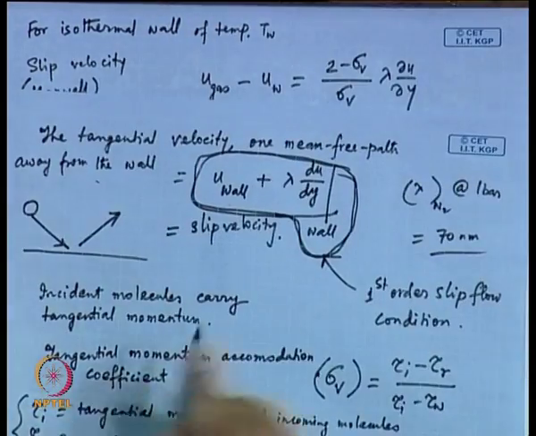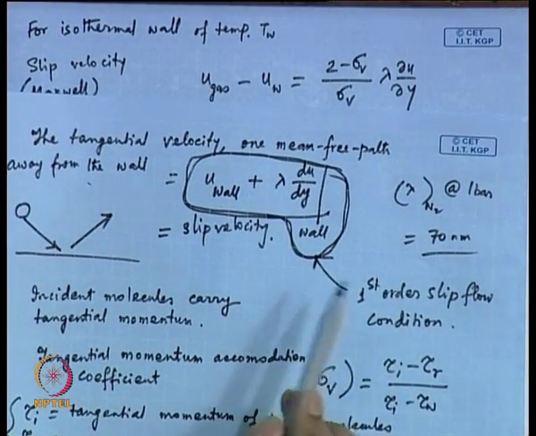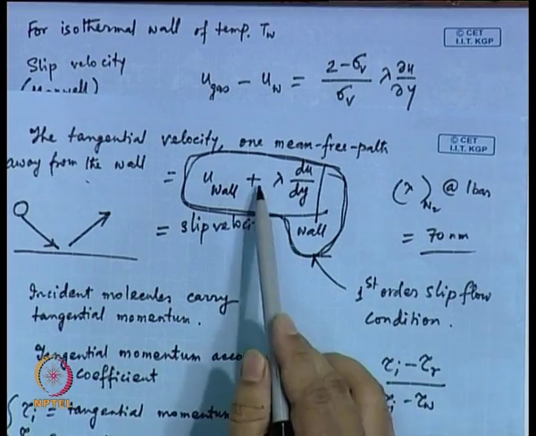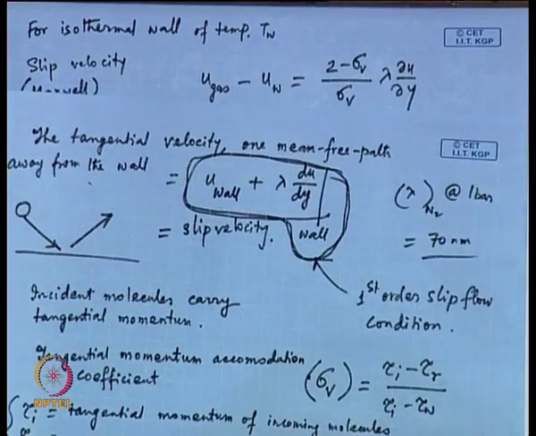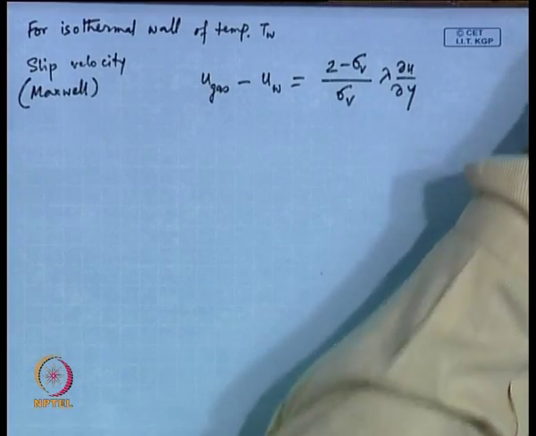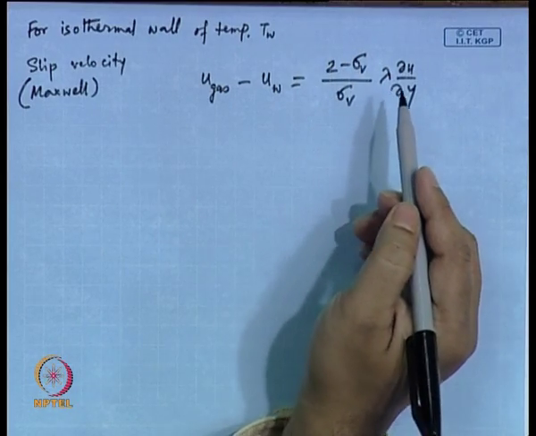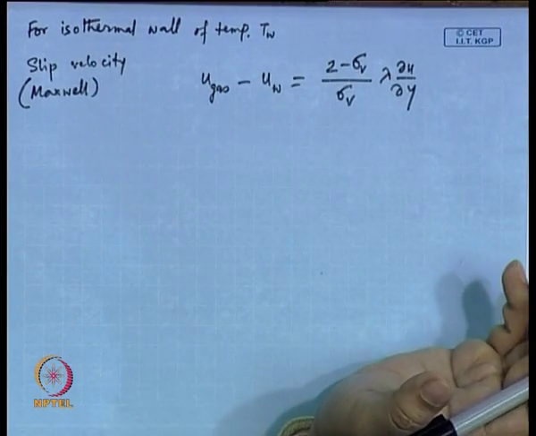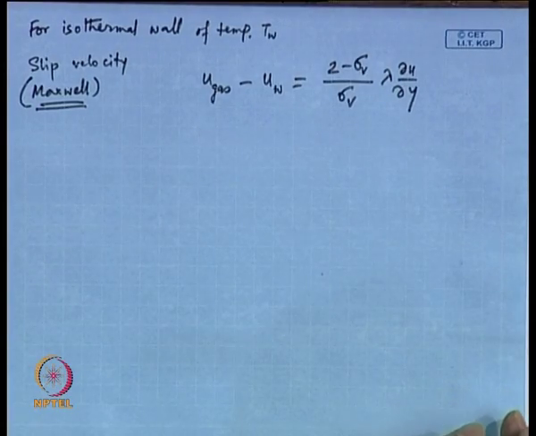This came as a first order slip flow condition using Taylor series expansion. Then they said I need to add some accommodation coefficient on this expression, and that factor is (2 minus sigma v) by sigma v. They have shown this by some other consideration, which is why we mentioned the name of a scientist here.